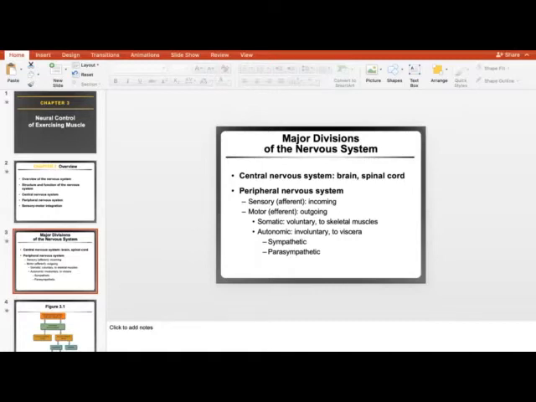Now let's just do a little bit of work right here. So if you look right here, it says the peripheral nervous system is the afferent nerves here and the efferent nerves. So afferent starts with A, and A is like an arrow going upwards.